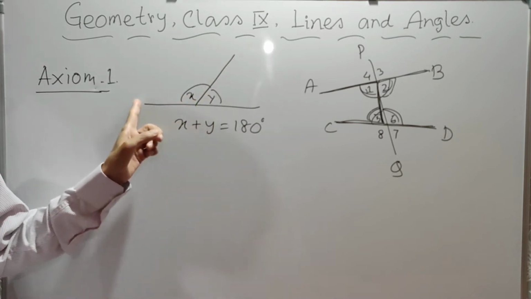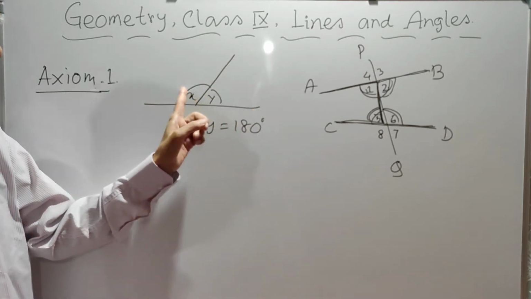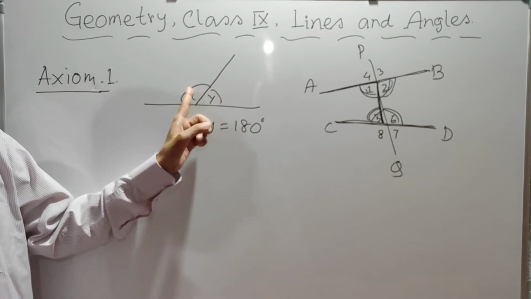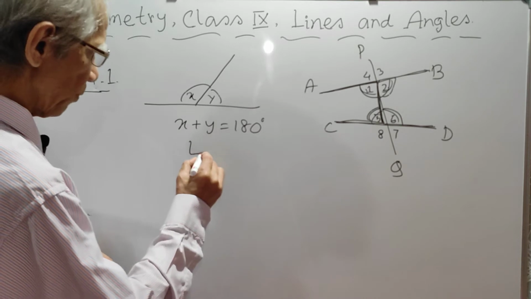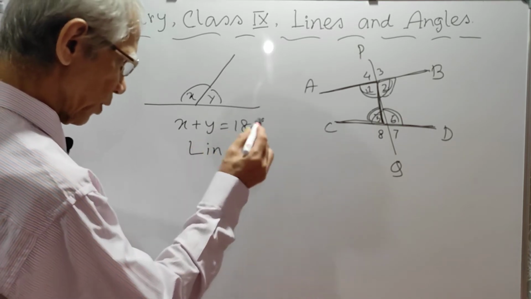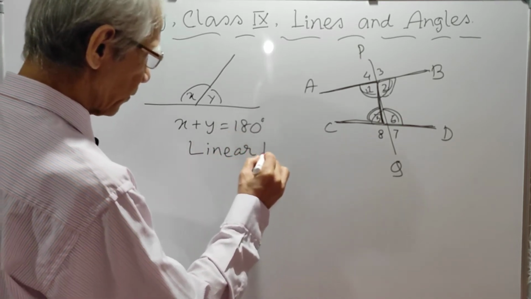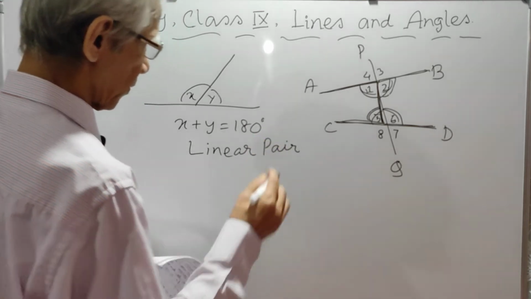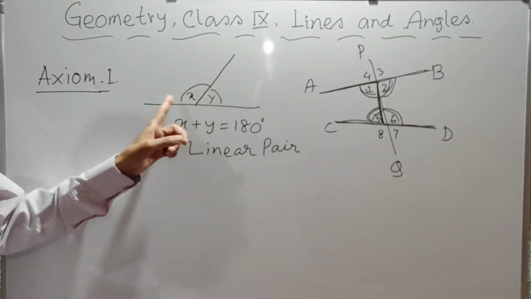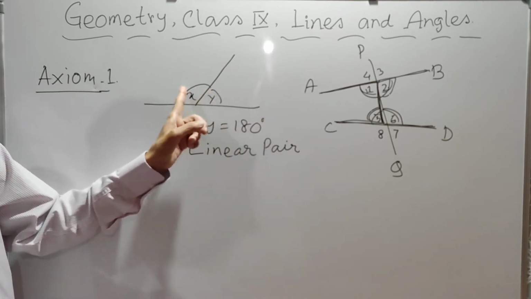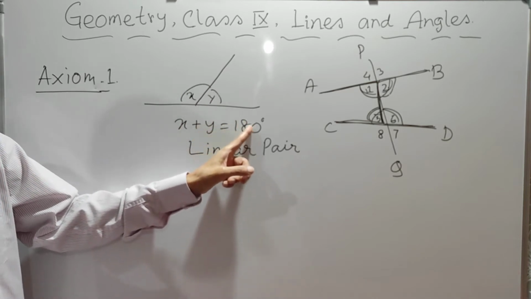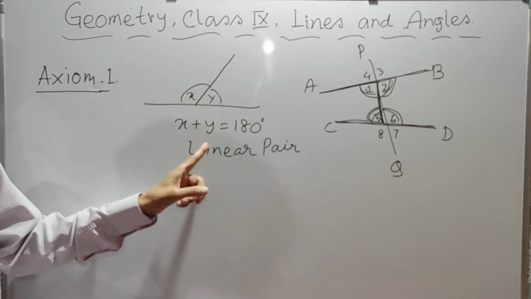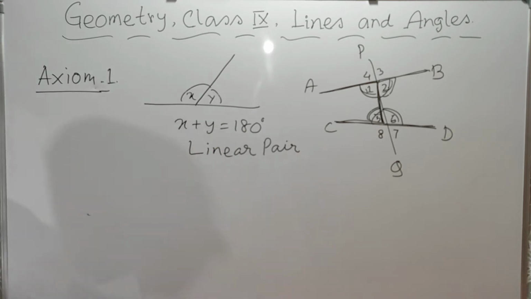When a straight line stands on another straight line, then we get two adjacent angles, and the sum of these two adjacent angles is 180 degrees, and these two angles are called a linear pair. I already explained this before, linear pair. So when a straight line stands on another straight line, making two adjacent angles, the sum of the two adjacent angles is always 180 degrees, and the two angles are called a linear pair of angles. So this is axiom 1.